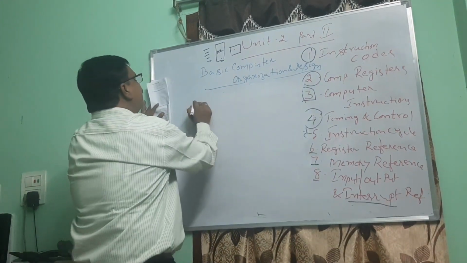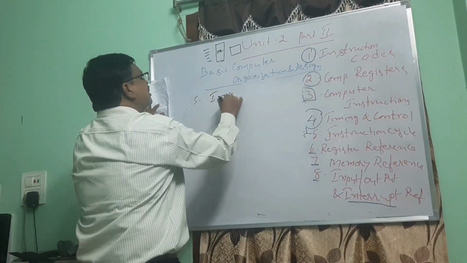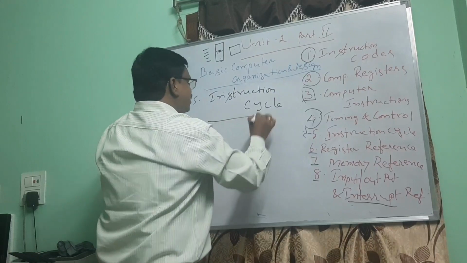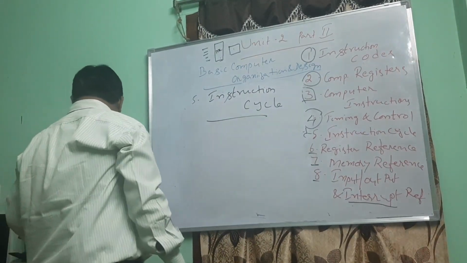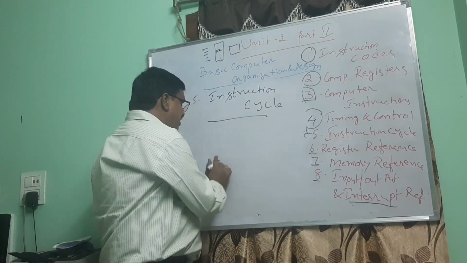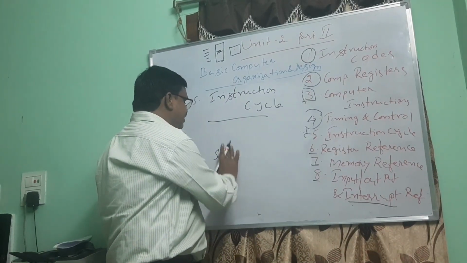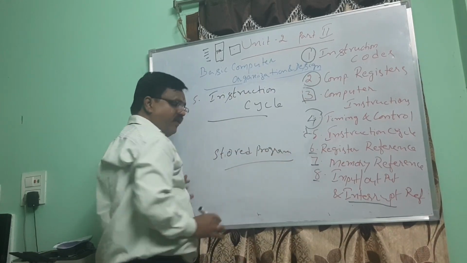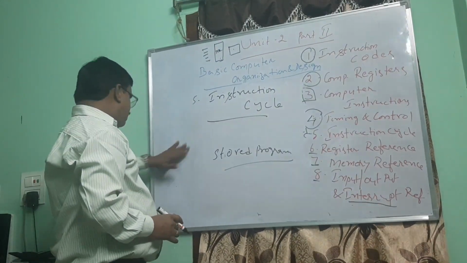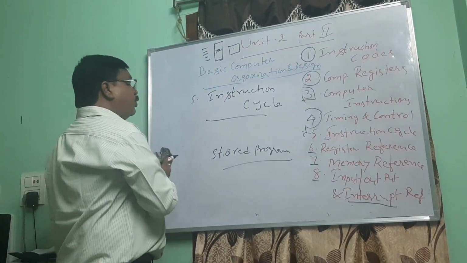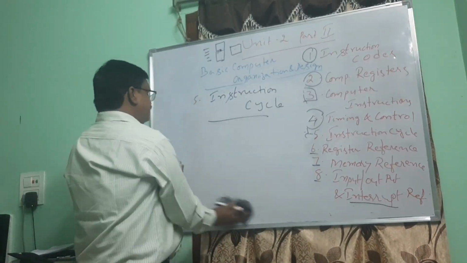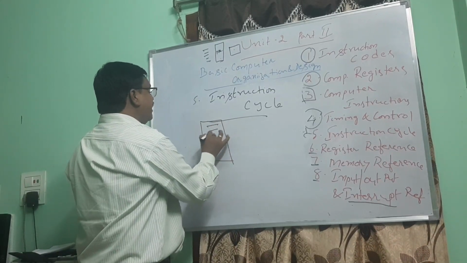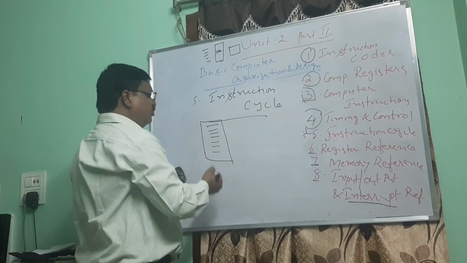Under this fifth topic, that is instruction cycle, see, stored program control we have discussed, stored program control. When a program, a set of instructions, is stored in a memory location like this, which is stored by you only, by the user only.